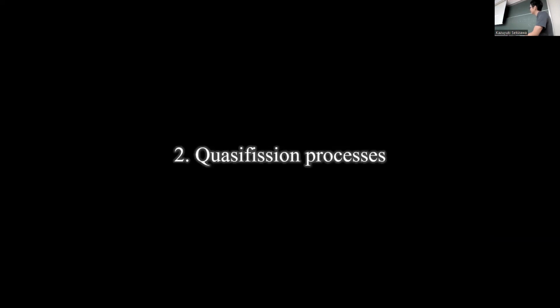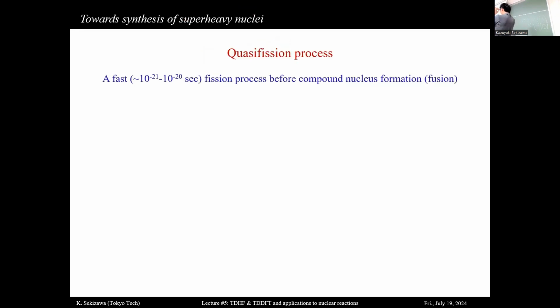Okay. So next, let me show the example of quasi-fission processes. Let me remind you what is quasi-fission. It is actually related to the synthesis of super heavy nuclei. First of all, quasi-fission is fast, as compared to normal fusion fission.